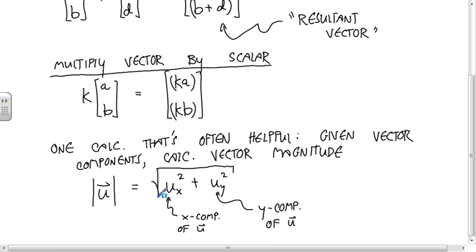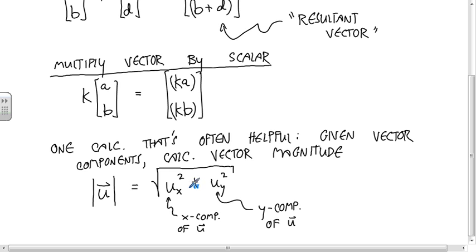And does anyone recognize this formula? Yeah, exactly. It's the Pythagorean theorem. You use it to relate the length of the diagonal of a right triangle to the lengths of the sides. And if you think about what those vector components are, I first talked about vector components as side lengths of a right triangle.